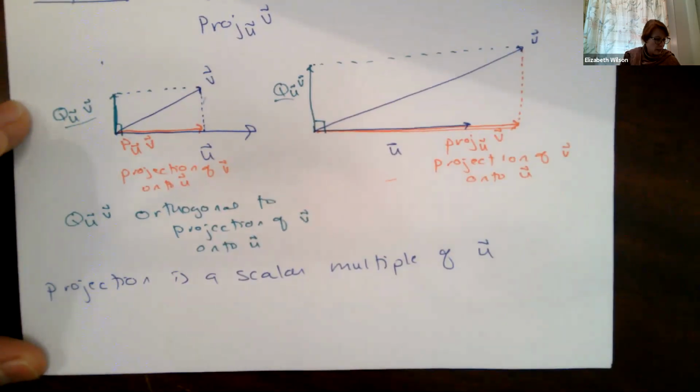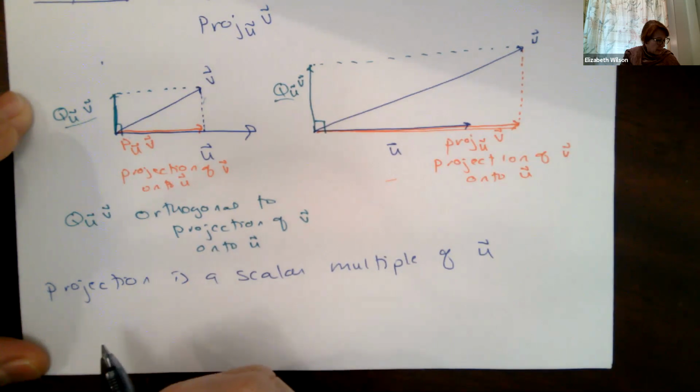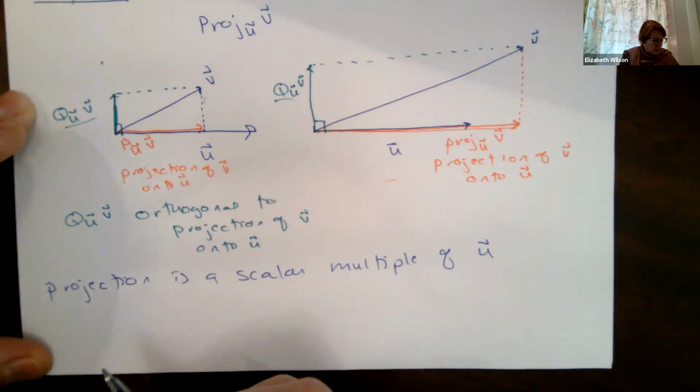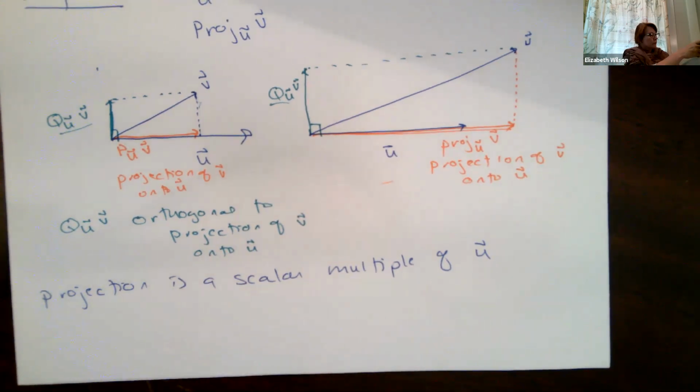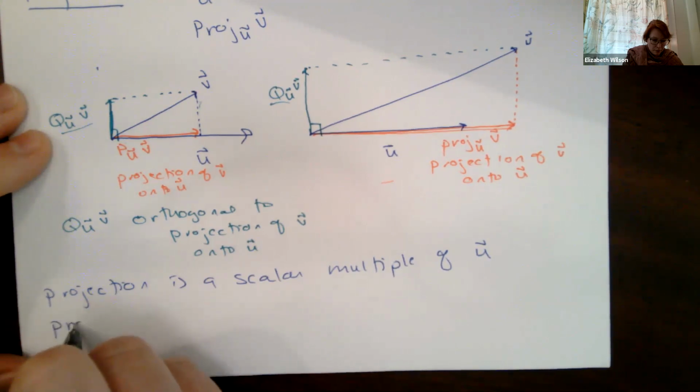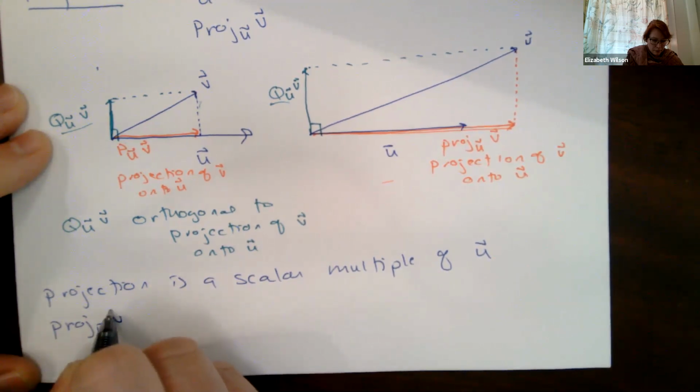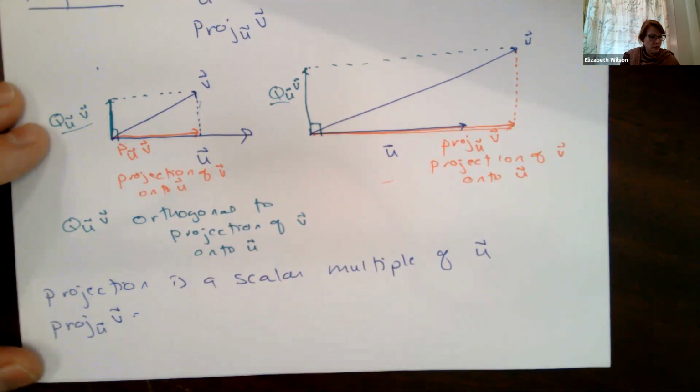Okay, so now how I want to be writing this: my projection of V onto U looks like this.